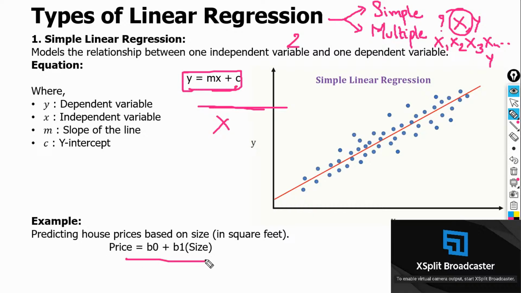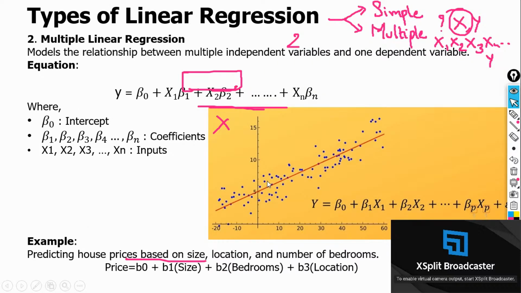We also discussed the example by taking one feature. Then this is the example for multiple linear regression where we have more than one feature. Am I right? Yes.